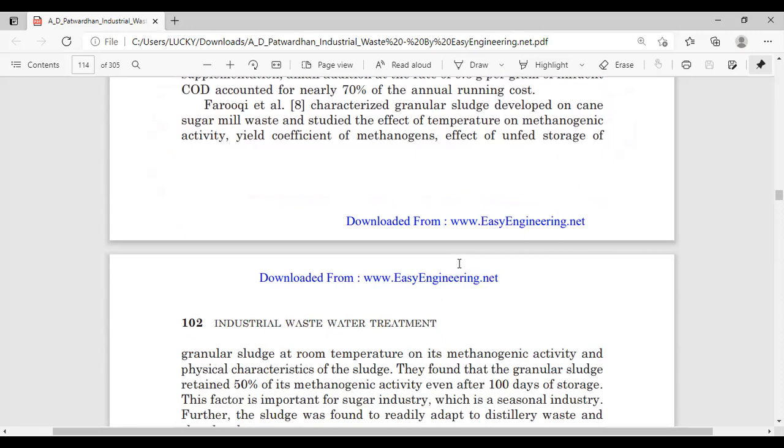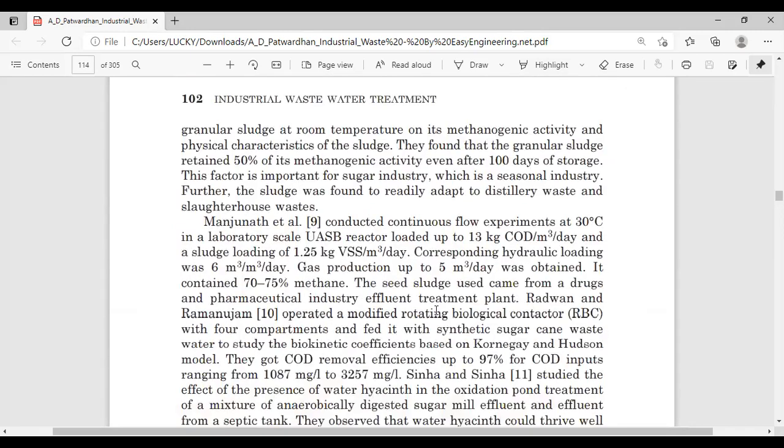Faroki and Co. characterized granular sludge developed on cane sugar mill waste and studied the effect of temperature on methanogenic activity, the yield coefficient of methanogens, and the effect of unfed storage of granular sludge at room temperature on its methanogenic activity and physical characteristics.